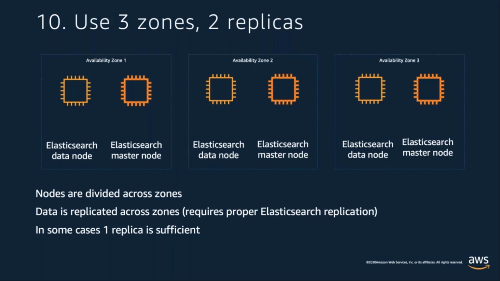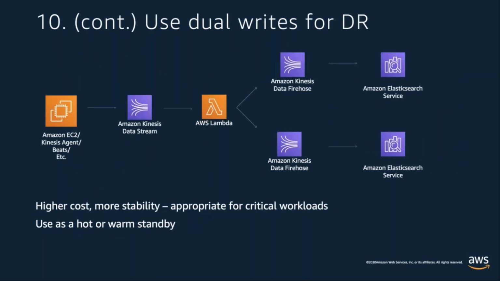If we're looking at a more DR kind of scenario and strategy, we don't have currently in the service any kind of data replication. So the strategy for building a hot or warm standby is to do a dual write. And depending on how you're ingesting your data into Elasticsearch service, there are lots of different ways that you can intervene to split your data out.